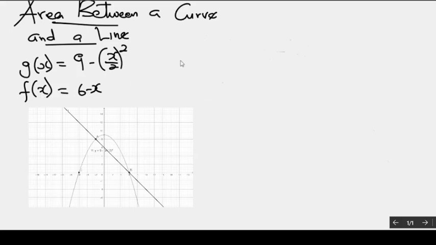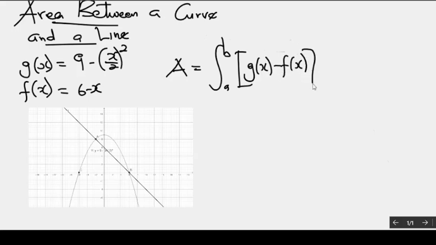The area between a curve and a line is given as the integral from a to b of g of x minus f of x dx. So the first thing is we need to find the value of the upper limit and that of the lower limit.